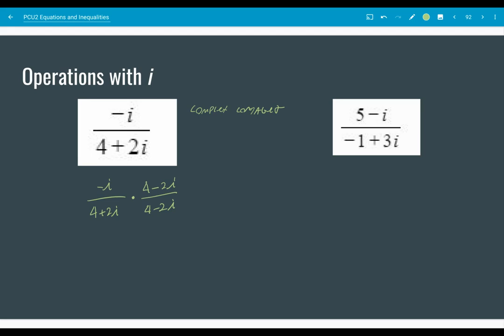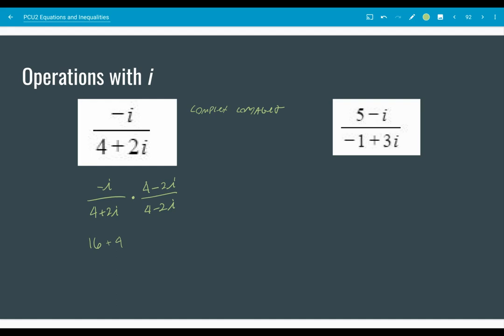So then we simply have a binomial in the bottom. So this ends up being 16, and it's a difference of squares. So it's 16 plus 4, because 2i times 2i is negative 4, and then it's the negative 2 there, so that's that.